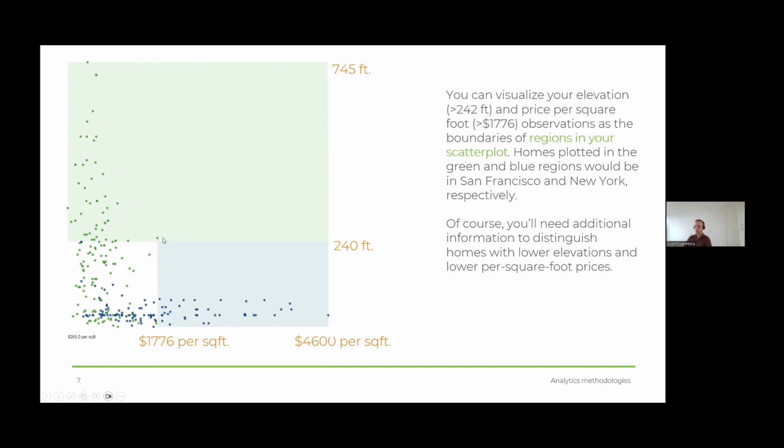And we could also have the same for everything above 240 feet, this whole block. Maybe that doesn't make a lot of sense, but maybe more like 200 feet up and everything below the 1776, that should be a San Francisco house.